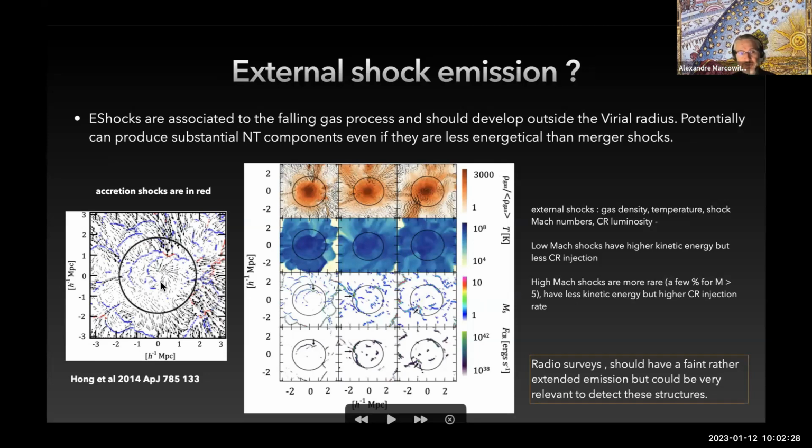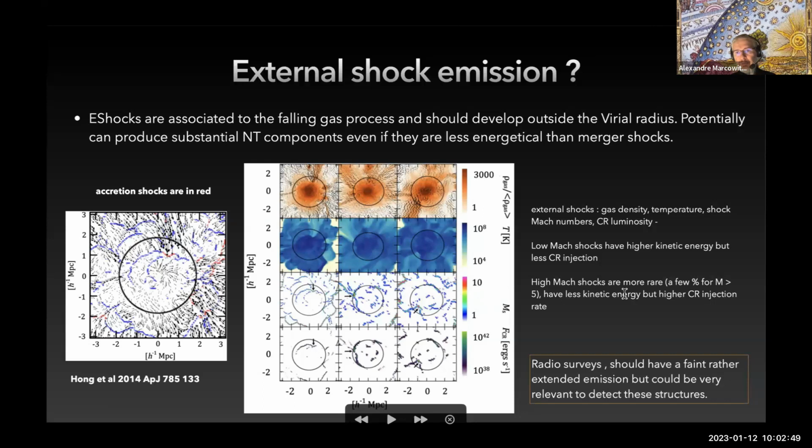So here is an example from a recent publication, again by our Korean colleagues, which in red shows infalling shocks nearby the R200 radius. And as you can see, in these infalling shocks, you can have high Mach number, as I mentioned before.